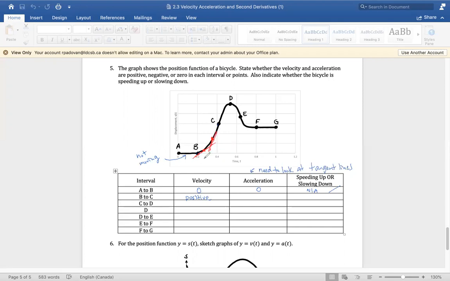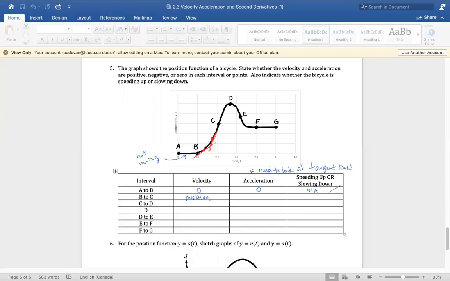Hopefully you can see the slope here is less steep. And as I move along and get closer to C, the slope of the tangent line is getting more steep. So I'm going from less steep to more steep.